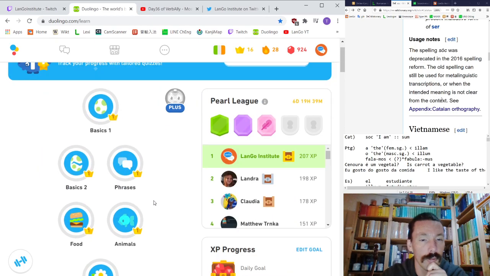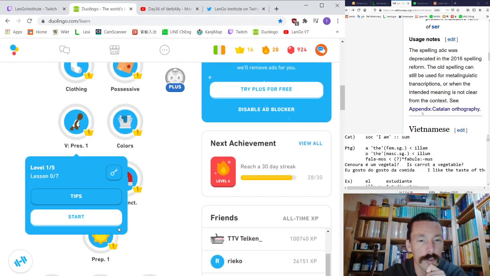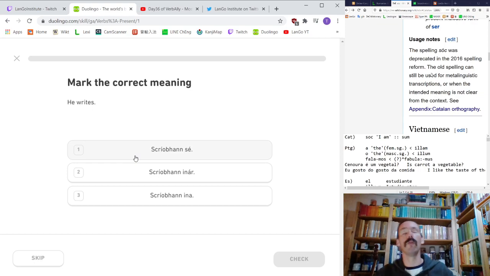What do we have in the verbs? The verb present one. He writes. So the form is from, they borrowed a lot of vocabulary from Latin here.